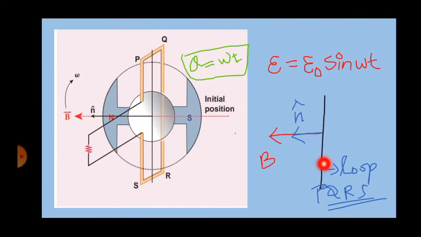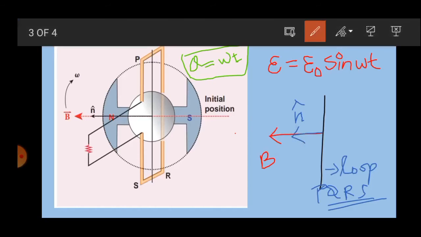Now, what is the induced EMF? Here the induced EMF is 0, because the normal to the plane is acting parallel to the magnetic field. The unit vector n is the normal. So what is the angle? The normal to the plane of the rectangular loop and the magnetic field are acting parallel to each other. So the angle is 0. Theta is equal to 0.